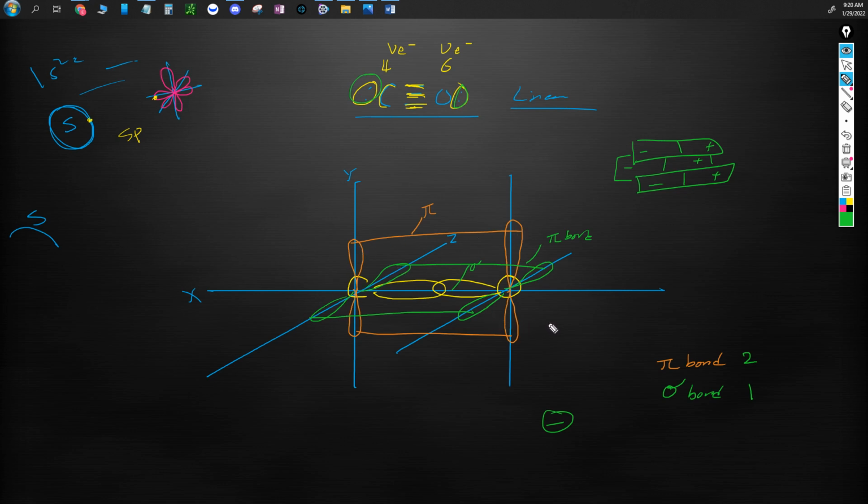The only way for these two lone pair electrons to exist is along this axis right here. So these two electrons will occupy this area. I'm going to put two dots, looping out, as all this electron density is spinning around.